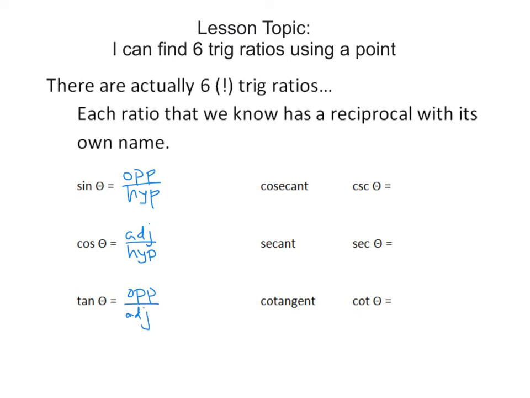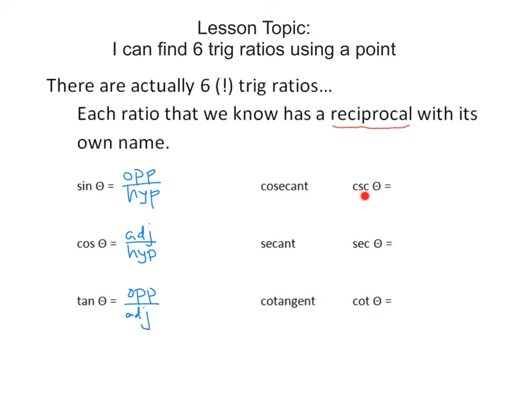If the other 3 trig ratios are reciprocals of the ones that we've already talked about, we just have to make sure we're matching up with the correct one, and then we can just use the reciprocal of the fraction, and that would be the new trig ratio. So, sine and cosecant are reciprocals of each other.